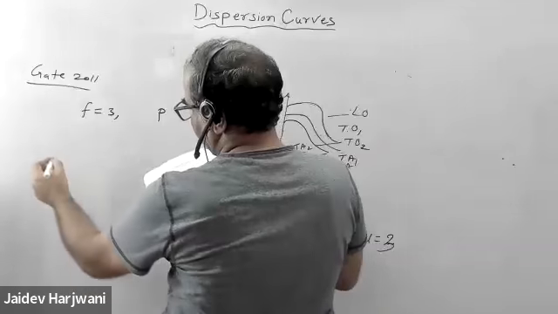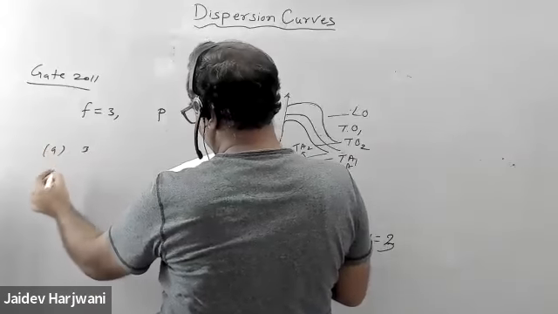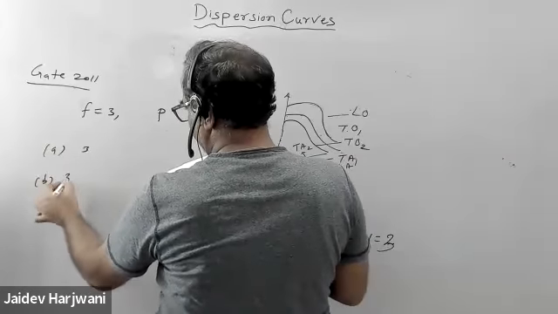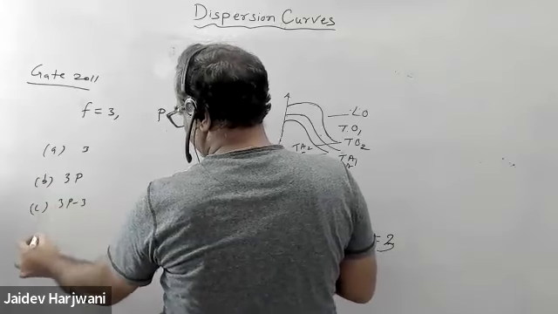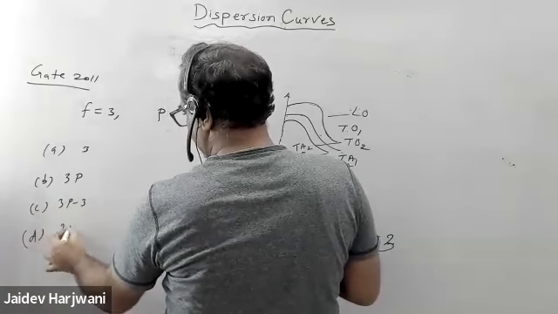Three-dimensional crystal means F is 3, and the number of atoms is p. So you're asking optical branches. Option A is 3, B is 3p, C is 3p minus 3, and D is 3 and minus 3p.